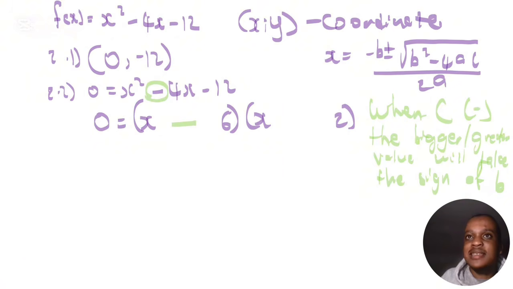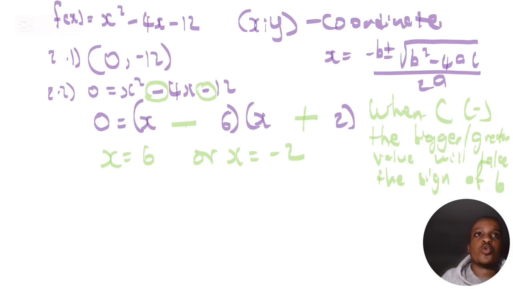Make sure you write this down, and this is a rule, right? Then this will be positive. Remember, I want to create a negative, so to create a negative, I need to multiply a negative times a positive. Then this is already equated to 0. Then my x is equal to 6, or x is equal to negative 2.